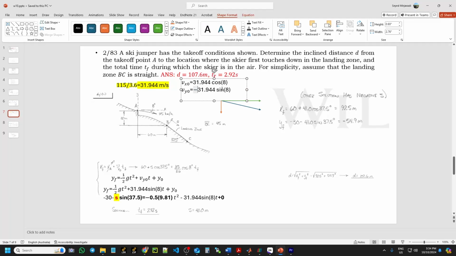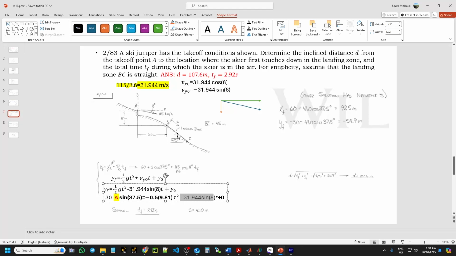So instead of vy0, we need to make sure that it is negative. Here I made a mistake, but here I corrected that it should be negative, and minus 1 over 2 g t squared.